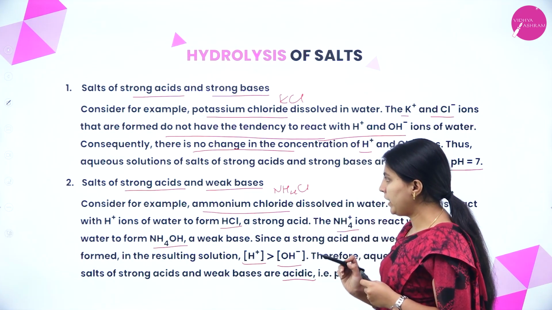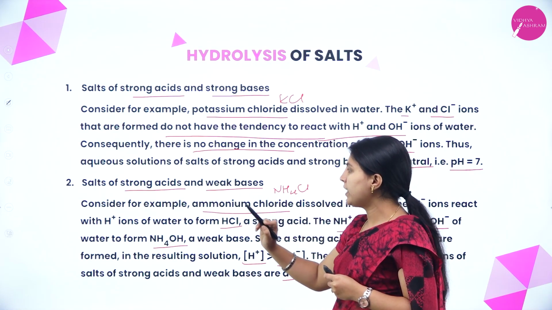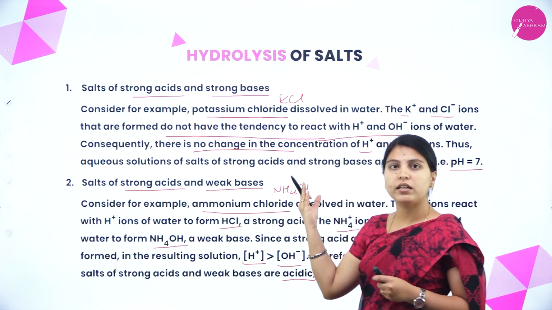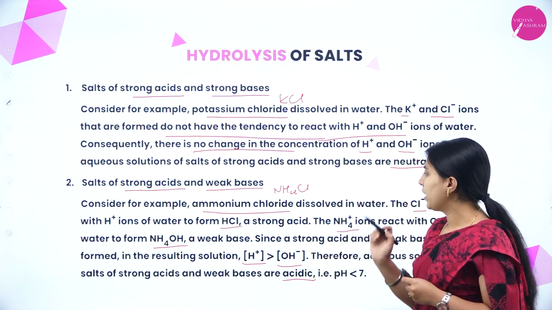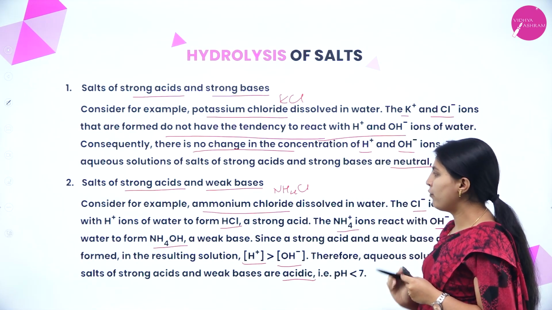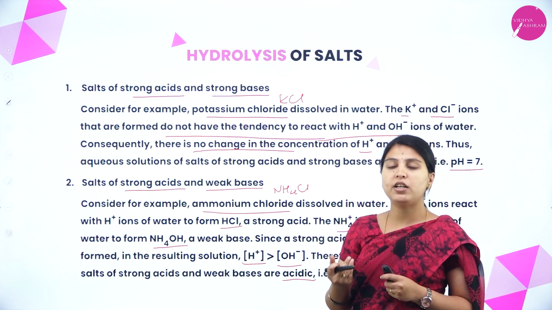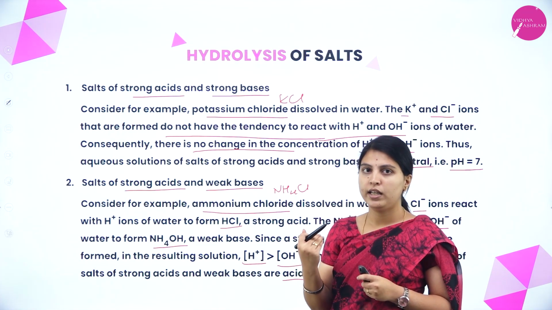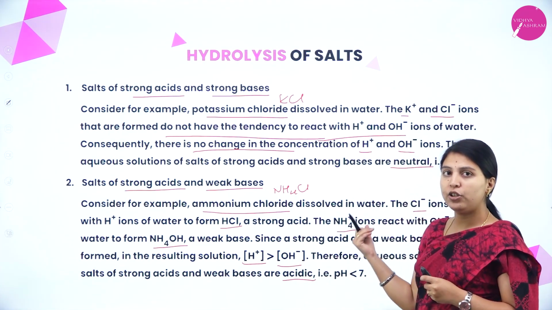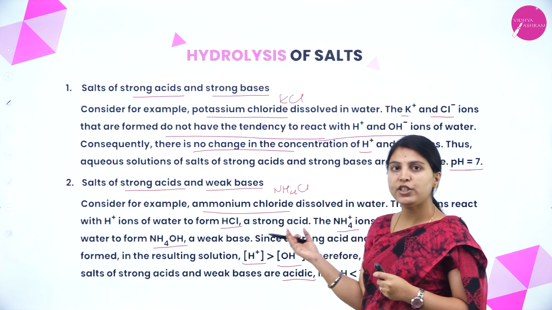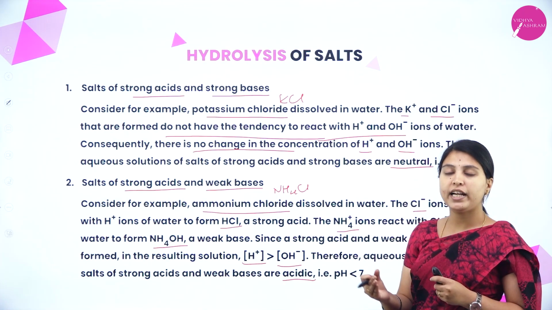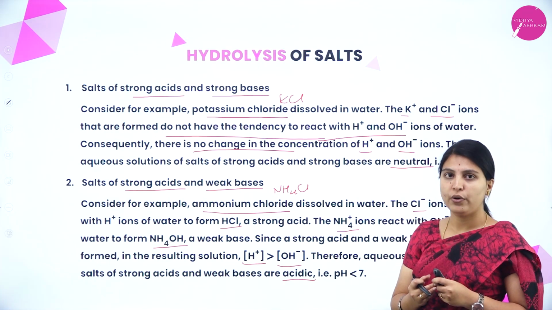Once again I am explaining, whenever we observe salts of strong acid and weak base, we take one example, ammonium chloride, that is a salt. It is dissolved in water. Obviously NH4+ ions and Cl- ions will liberate. That Cl- will react with H+ ions of water, and NH4+ ions will react with OH- ions of water.